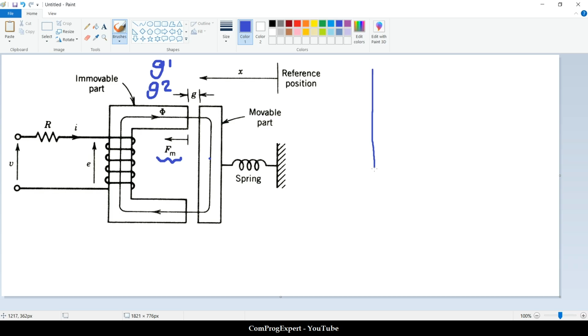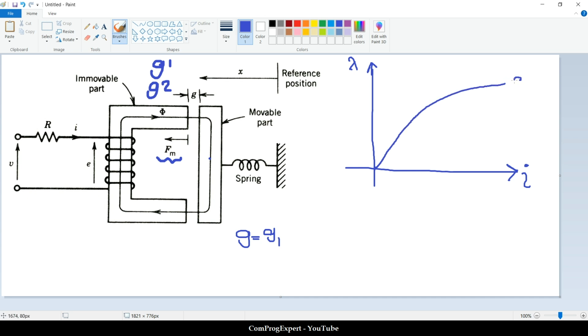So here again we can draw this lambda-I characteristic. If we have the initial position for this moving part, if the gap is equal to G1, we can calculate this curve.